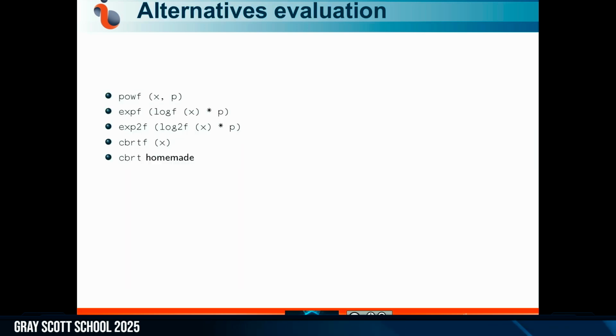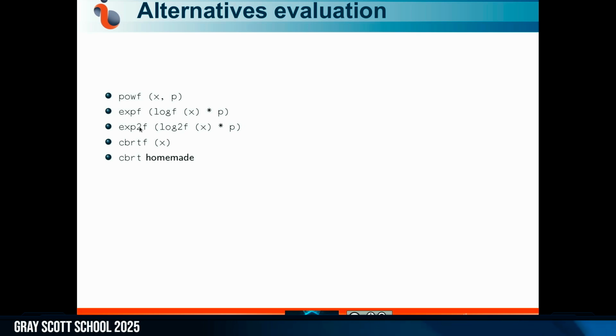So what alternative evaluation do we have? We can use the famous power function for float, hence the f. We could use the not so nice expf of logf.